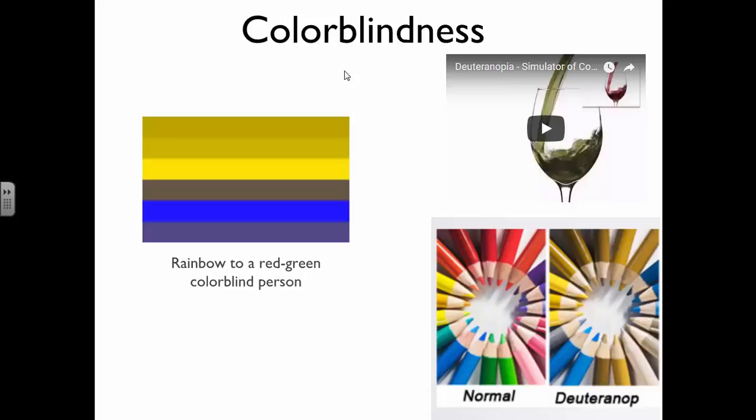So it's much more likely for a man to get color blindness than a woman, because color blindness is recessive. The XX is women, then XY is men. So if it's recessive, how many genes does a woman have to inherit to be colorblind? Two. She has to get it from both parents.